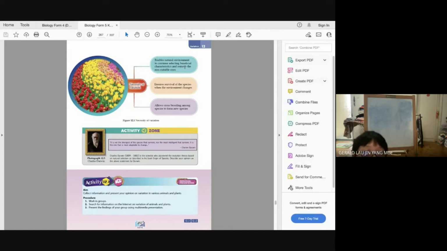It enables the natural environment to continue selecting beneficial characteristics and remove non-suitable ones. That means you have variation so that the natural environment will choose who is the most suitable to live, to ensure the continuity of the species. We call this natural selection. It ensures survival of the species when the environment changes, and allows crossbreeding among species to form new species.